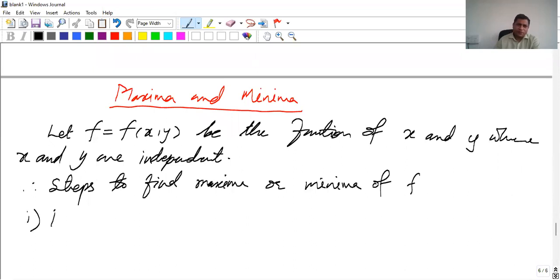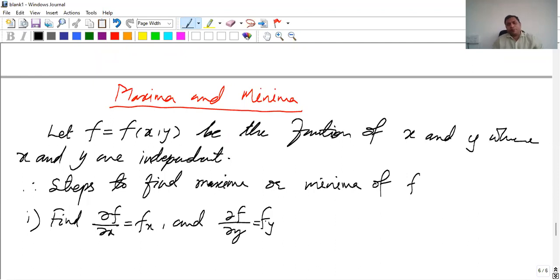First step, find double f by double x, which we write as fx, and double f by double y, which is fy.